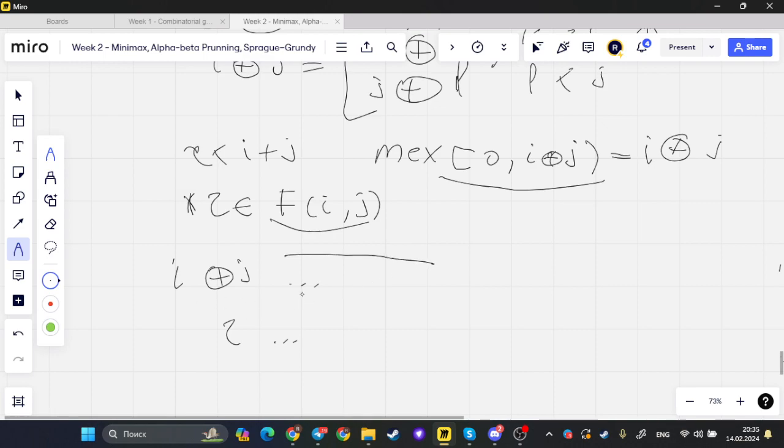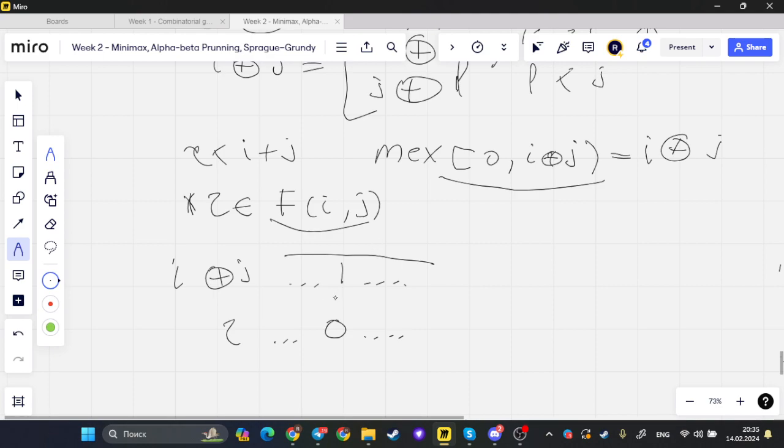this number is described like this, and we consider the first bit where we have a difference.